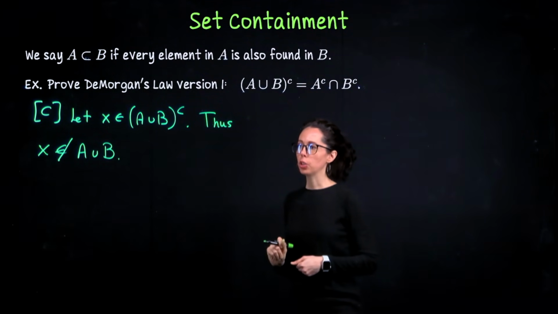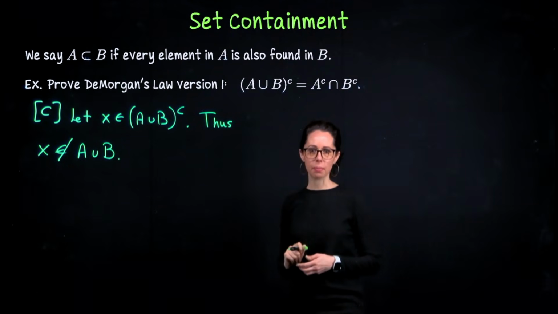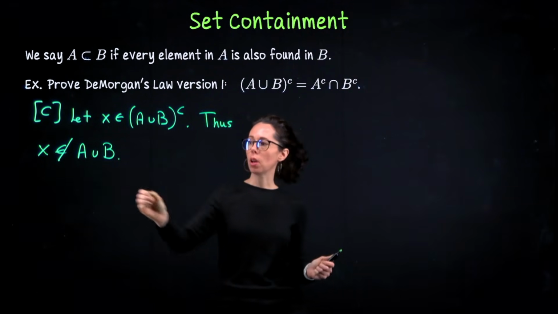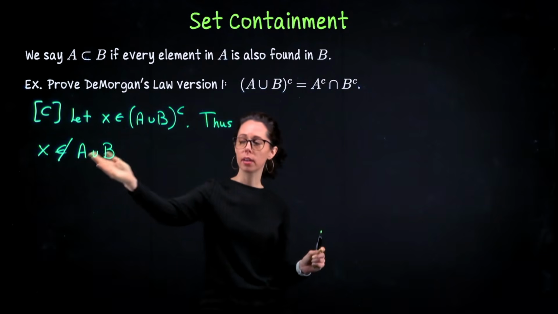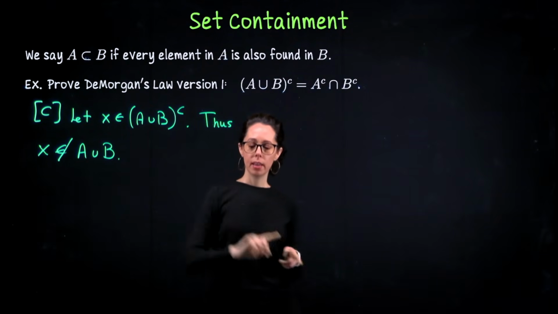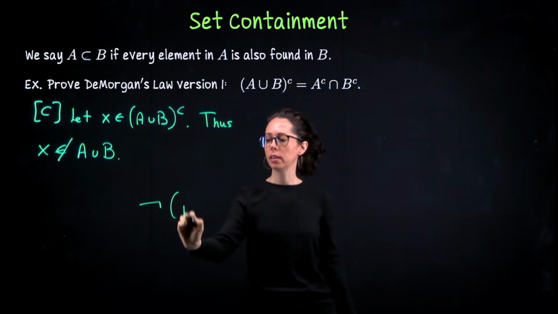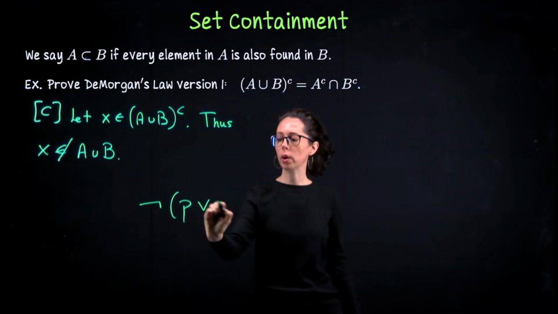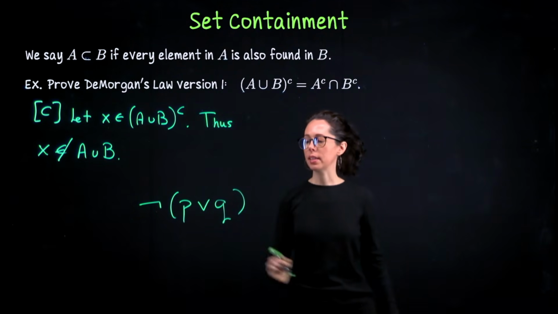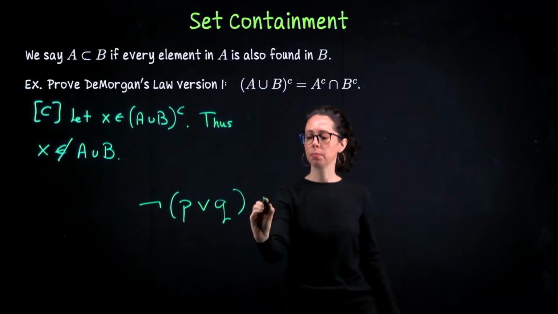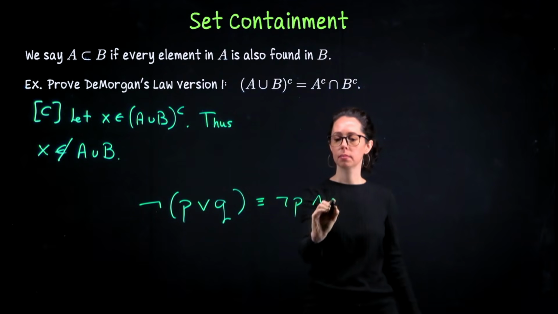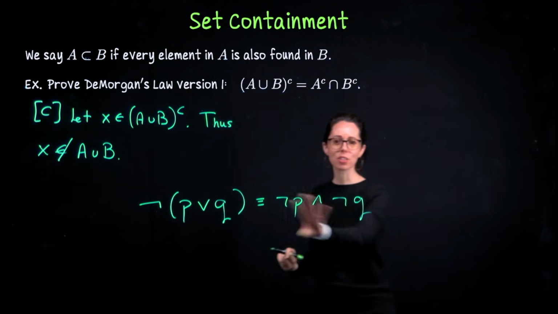We said that you belong to the union of A and B if you belong to A or you belong to B. I'm going to switch into symbolic language for just a second. The negation of two conditions, P or Q, is not P and not Q. Okay, so this is just a logical statement here.